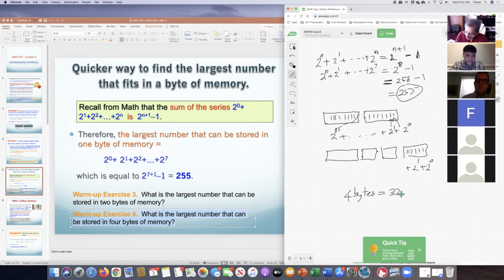But if I write these powers, 2 to the 0, 2 to the 1, 2 to the 2, where do I end? 2 to the 31. There are 32 bits, but since the powers start at 0, the highest power will be 31. Now apply the formula and tell me the value of the sum of all this.